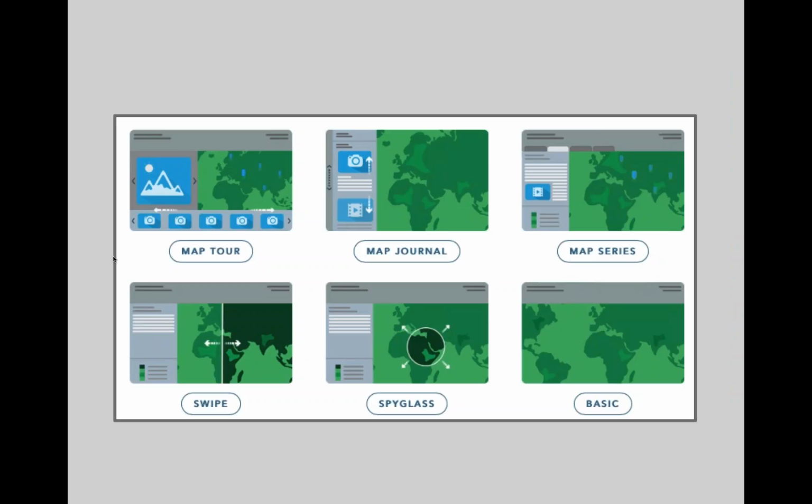Now, if you look at the types of story maps that are out there, there's a variety, and they change all the time, mostly in a good way, because new ones evolve, they gain new functionality. But these are the 6 basic types that they have and that they describe on their webpage. We're just going to go through each one of them briefly and show a quick example of what each looks like.